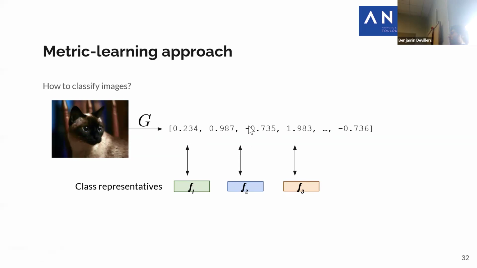But this representation is semantically similar to cats. So hopefully the lowest distance will be towards the class that you want to classify. And that's how you're going to do it. So you do the distance from this example to each of the class representatives, and the one that gives the lowest distance is your prediction.